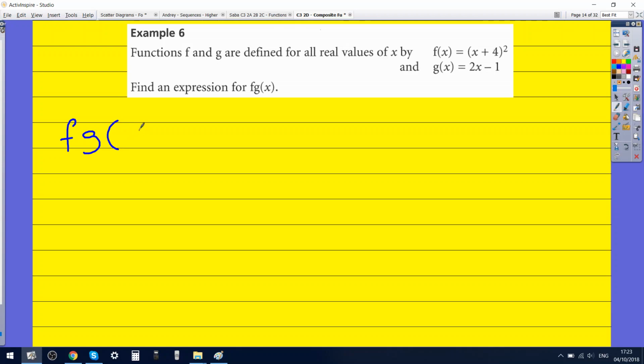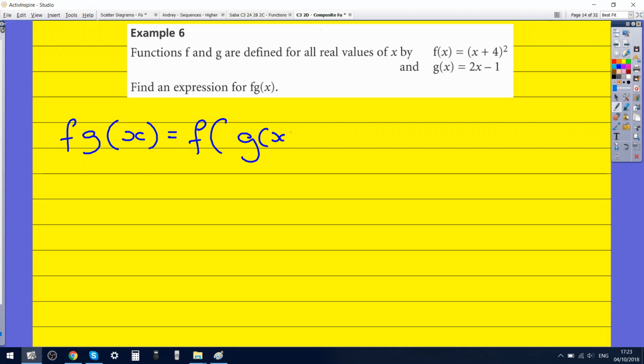Okay, this time, instead of the F of G of a number, like 2, you have to do the F of G of x. Any idea how that would work? Well, what is the G of x? 2x minus 1.